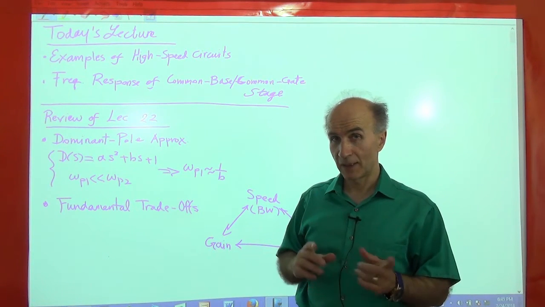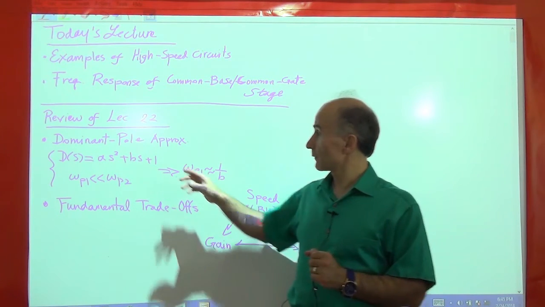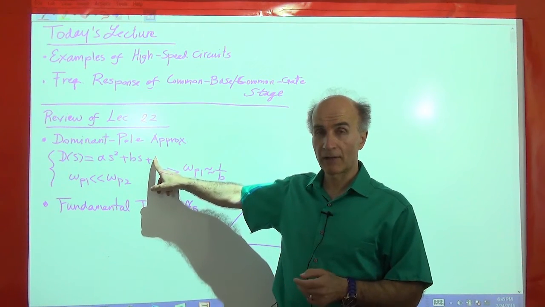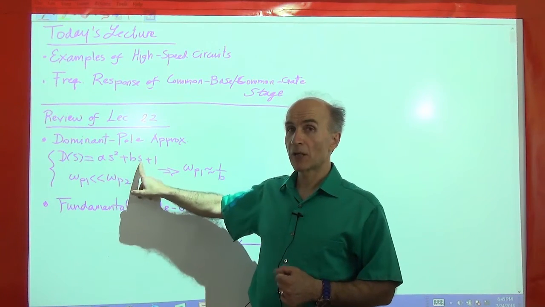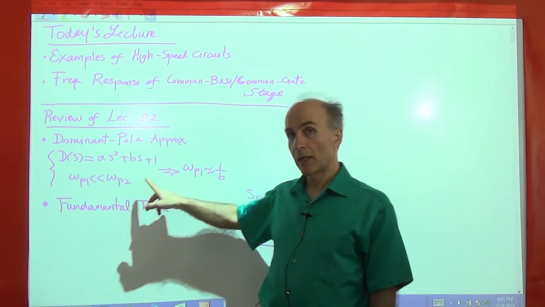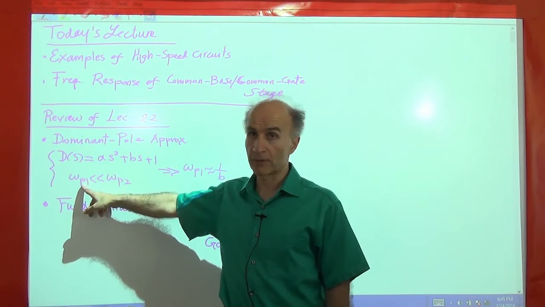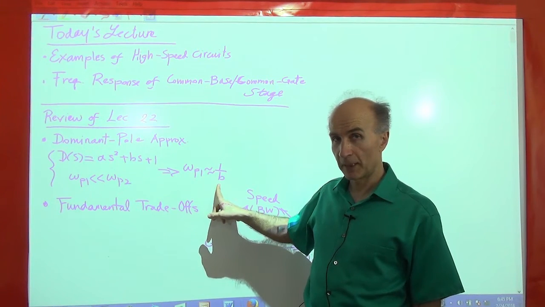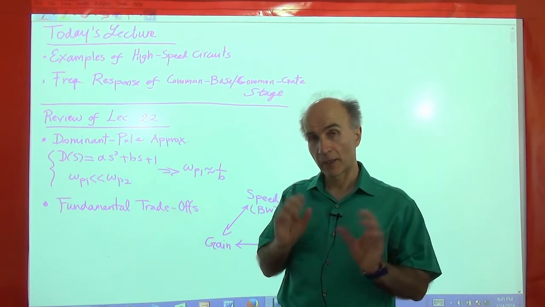And we said that if the denominator of the transfer function can be written in this form, as s squared plus bs plus 1, so there's a 1 here for the constant value, and if we know that one of the roots is much less than the other root, so omega p1 is much less than omega p2, then it turns out that the lower pole frequency, the dominant pole frequency, is given by the inverse of the s coefficient, so that would be approximately 1 over b.